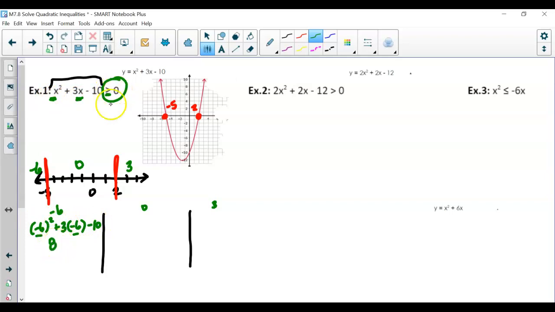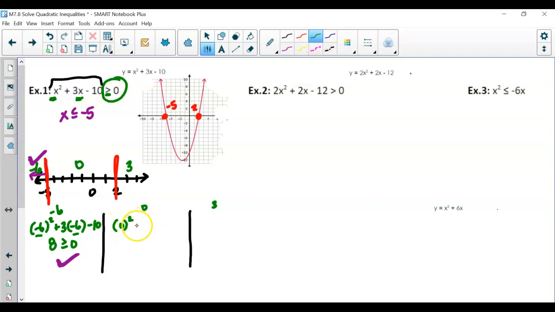Going back, greater than or equal to 0. So is 8 greater than or equal to 0? Yes. So this section, all the values less than or equal to negative 5, is a solution. So x is less than or equal to negative 5.